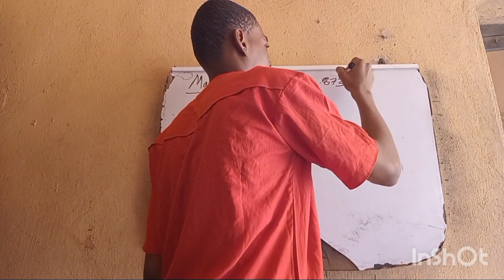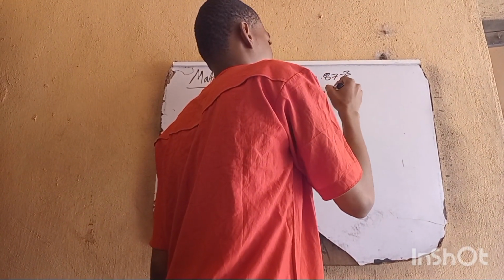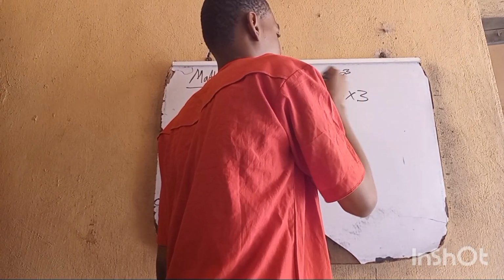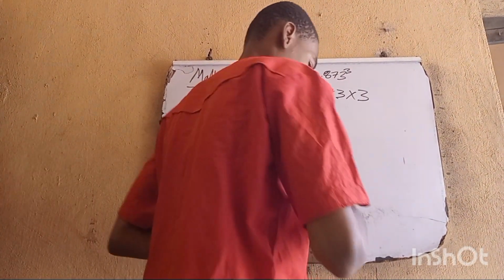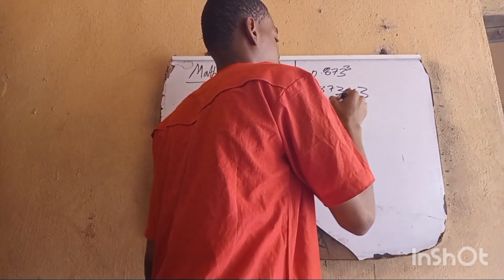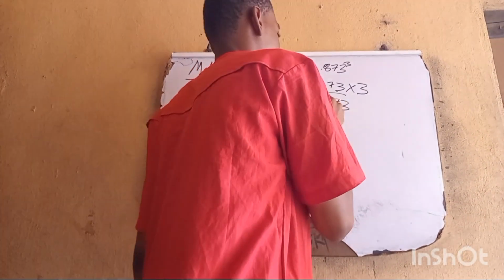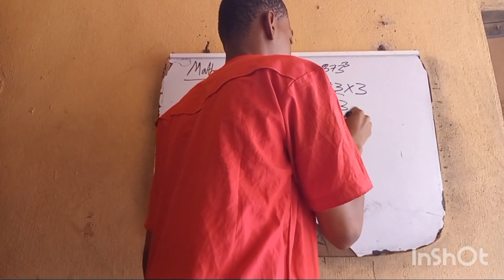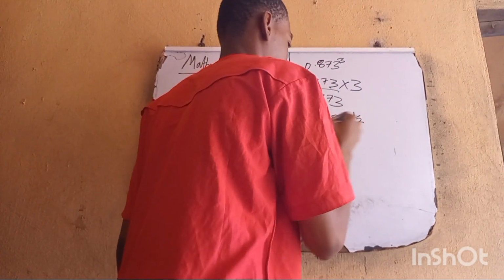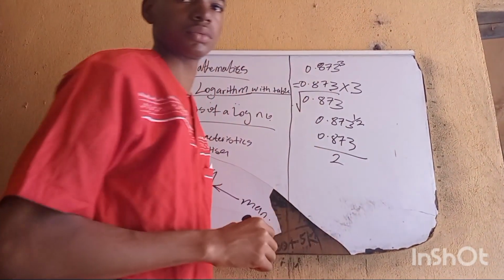We have 0.873 raised to power 3. This simply means that when we want to find the logarithm of 0.873, it is multiplied by 3. We have the square root of 0.873. This simply means 0.873 is power 1 over 2, which is 0.873 divided by 2.